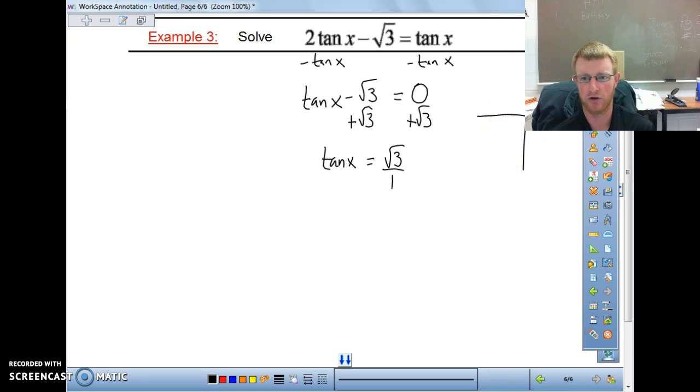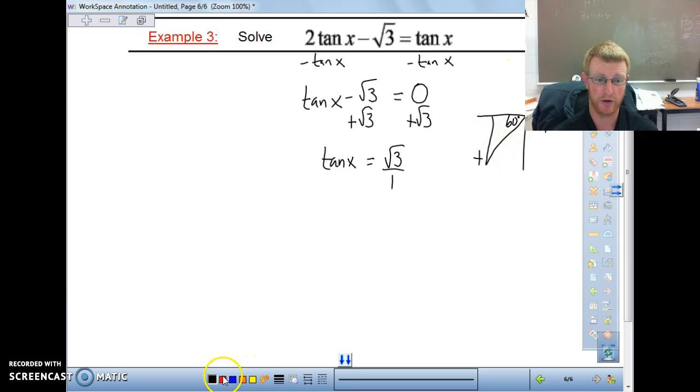Now let's look at our quadrants. Tangent is positive in the first quadrant and in the third quadrant. So that's where we draw our triangles. Now let's label our sides: opposite over adjacent. This is a triangle that should look familiar to us. The square root of 3 is always opposite our 60 degree angle. So we have 60 degrees here and 60 degrees here.